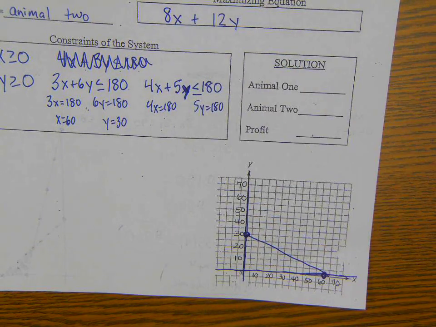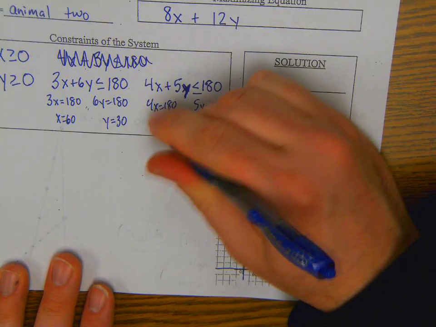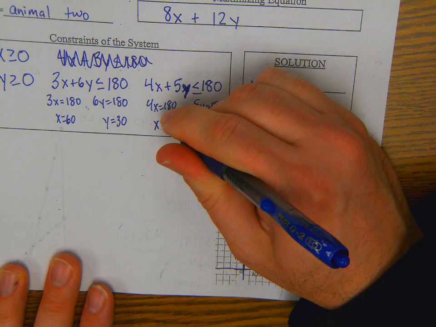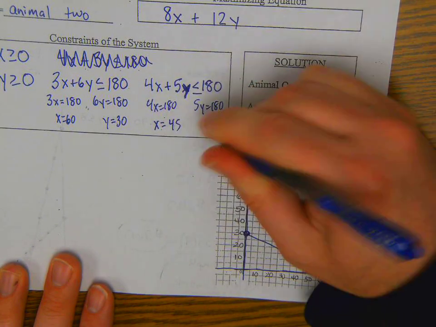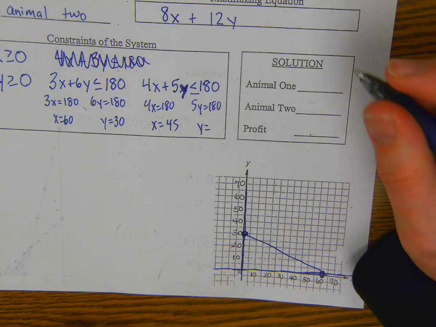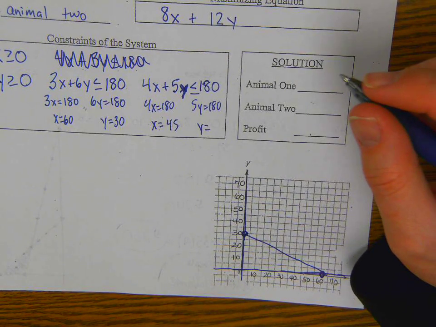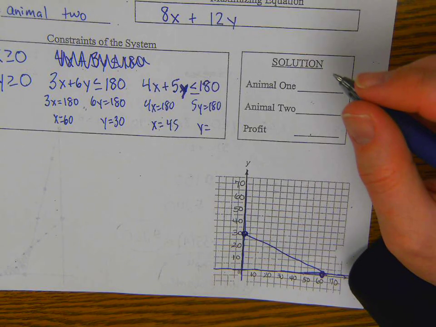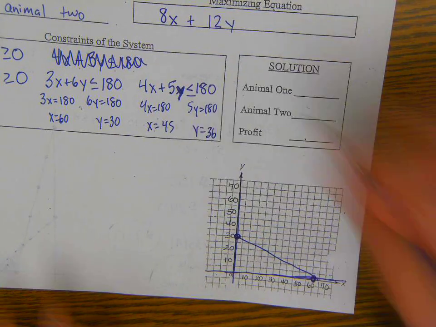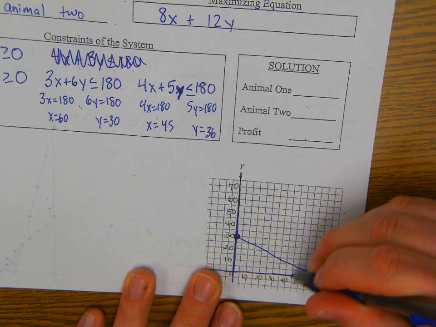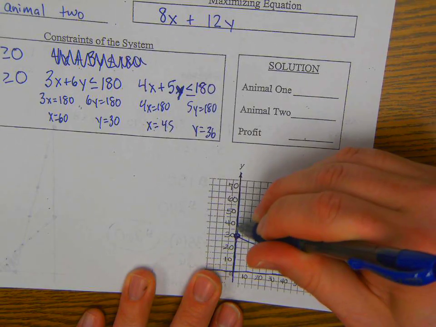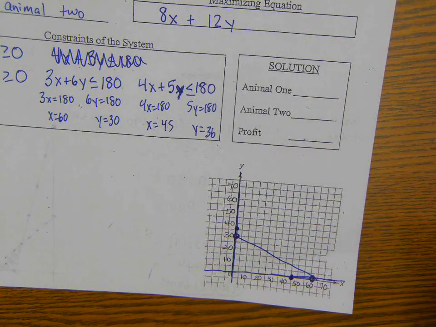What's 180 divided by 4? 45. What's 180 divided by 5? 36. Thank you. So this one has an x-intercept of 45 and a y-intercept of 36, which is right there. Now I'm going to connect those.